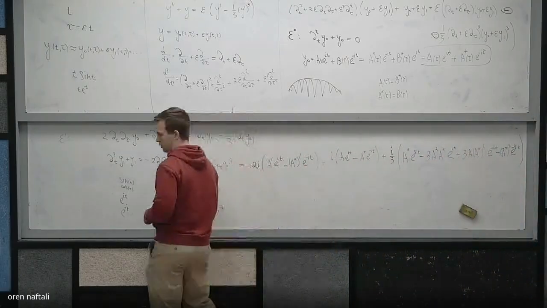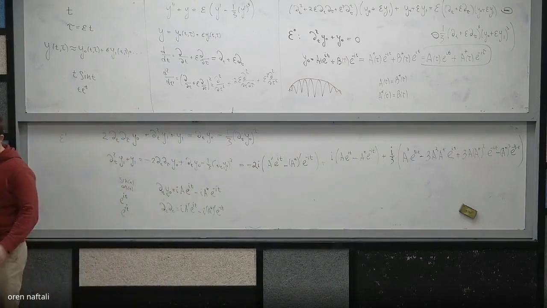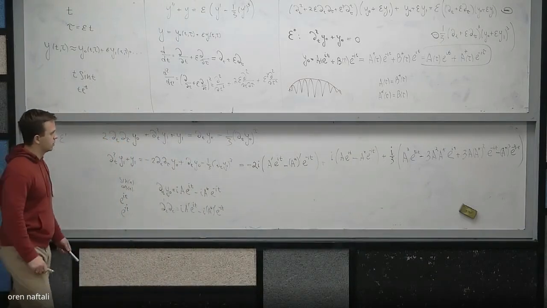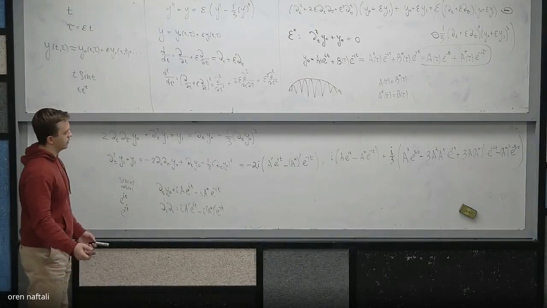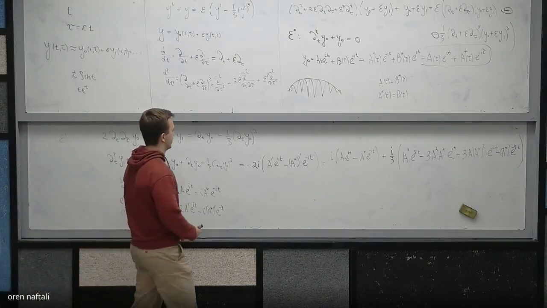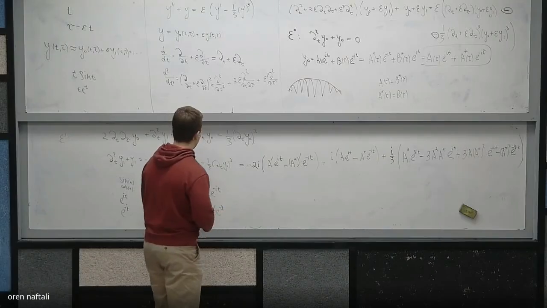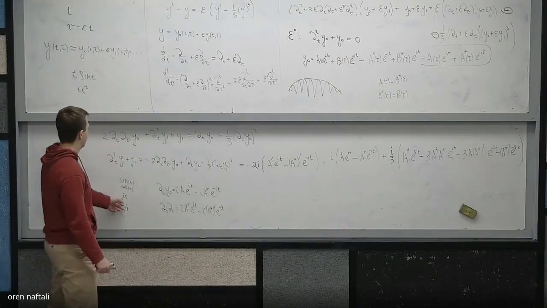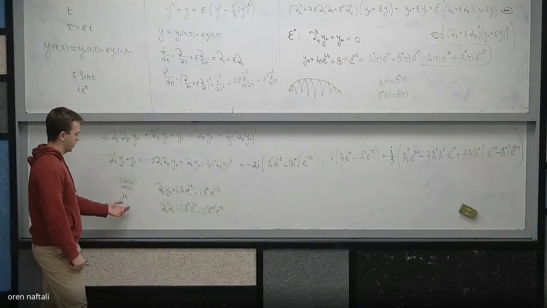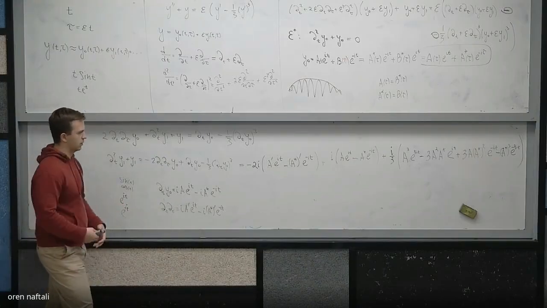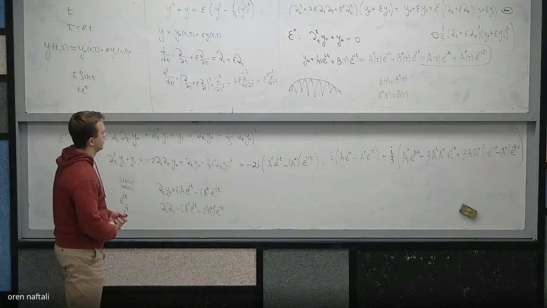Now we need to track only terms that have power it or minus it. Because the equation will be just the complex conjugate, we can pick only these terms or those terms. If we eliminate one of them, the other one will also be eliminated.